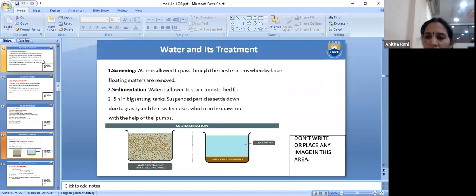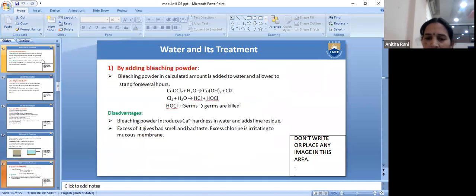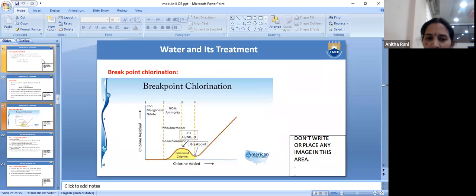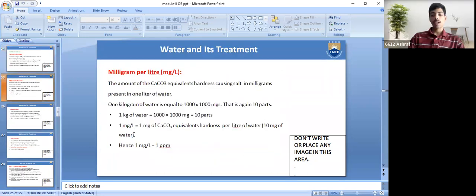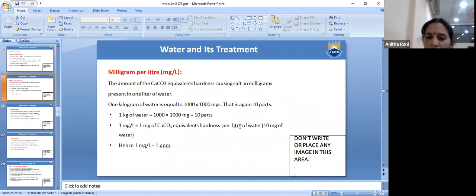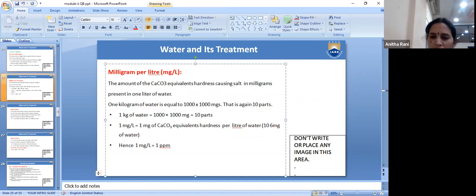One milligram per liter is equal to one milligram of calcium carbonate equivalent hardness per 10 power 6 milligram of water. So we have to write 10 power 6 milligram of water.